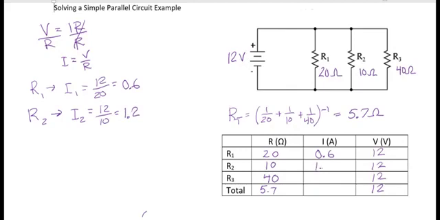And it's not a coincidence that when you have half the resistance, you have twice the current, because it is inversely proportional. And then R3, to find the third current, we would take 12 divided by 40, which comes out to be 0.3.